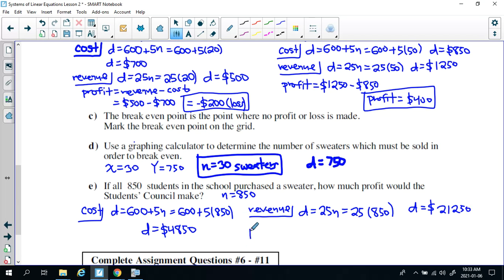And then to figure out the profit, you just go revenue minus cost. So it'd be 21,250 subtract 4,850, and then the profit would be 16,400.